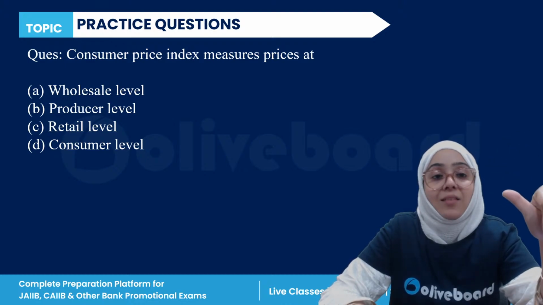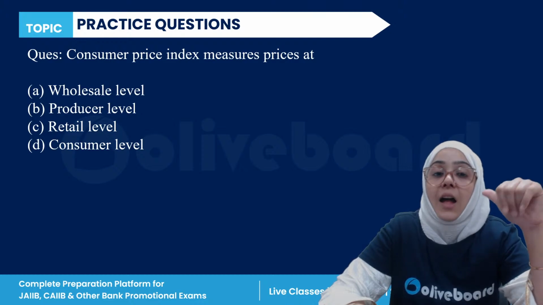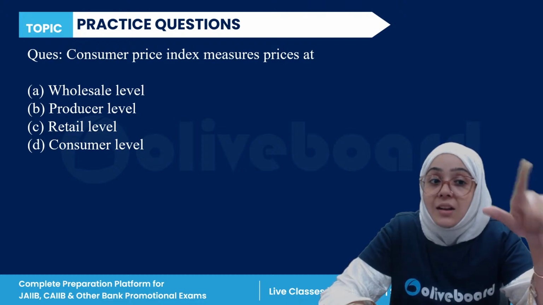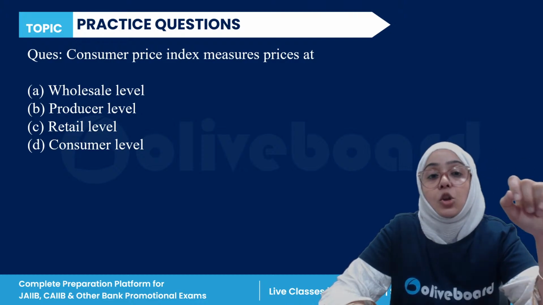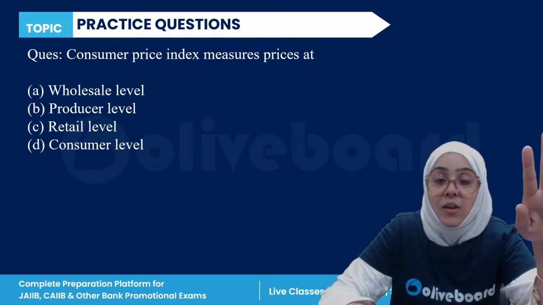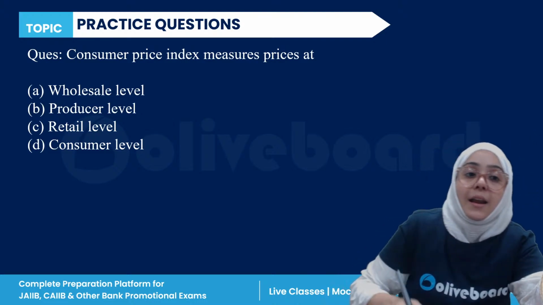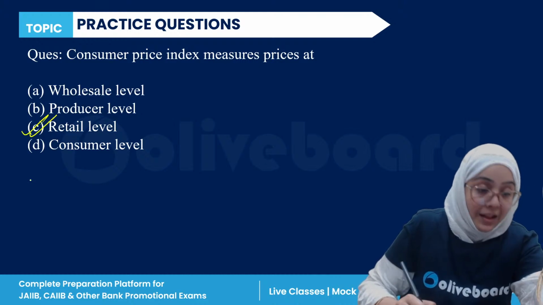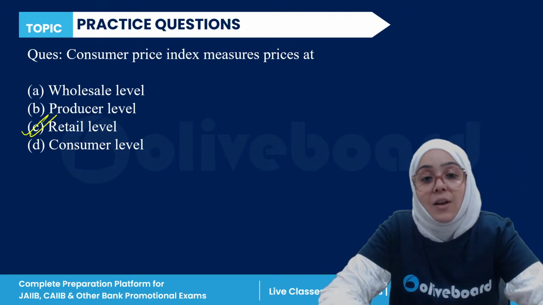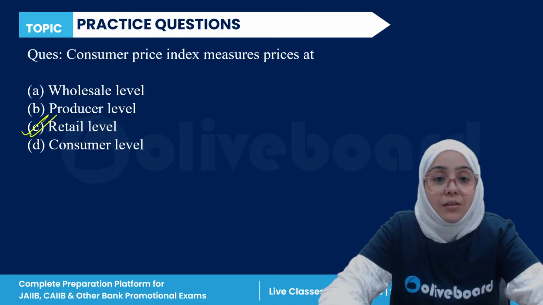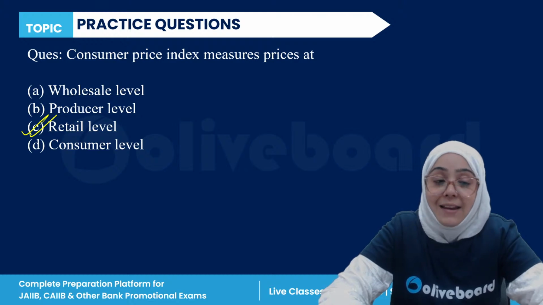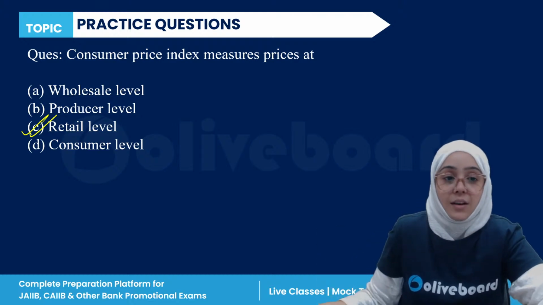In the wholesale price index, wholesale prices are used. In the consumer price index, retail level prices are used. Whereas in the GDP deflator, we calculate inflation based on the GDP. So the correct answer is C, retail level. Done, everyone?